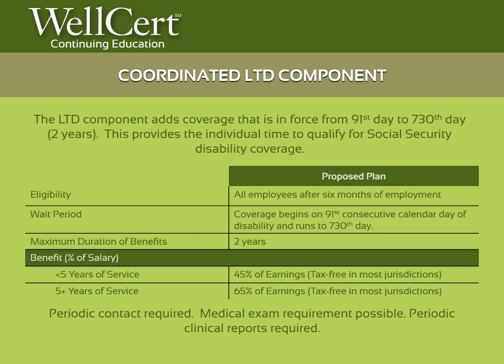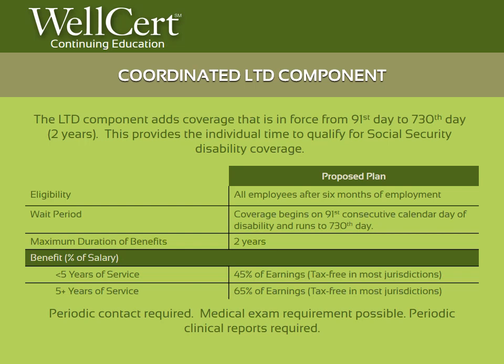Again, the percentage of salary that the benefit provides can be geared to the length of service. So that's another way to reinforce it. It's similar to what we saw in the approach on short-term disability. And periodic contact is required, medical exam requirement is possible, periodic clinical reports are required.